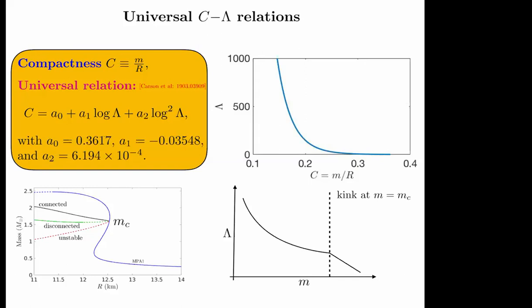And in particular, lambda should decrease more rapidly, simply because the neutron star radius is getting smaller more rapidly as a function of mass. So you get this kink.